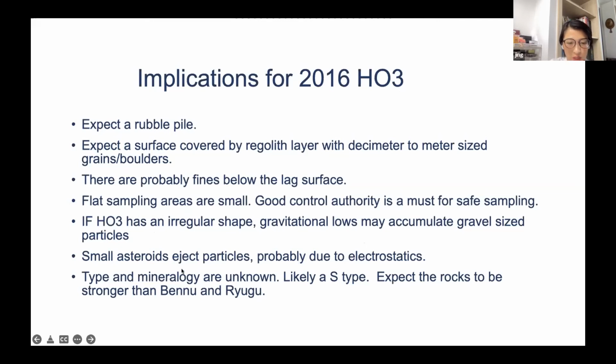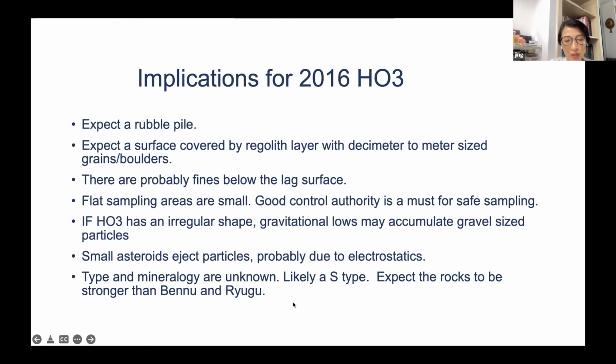Small asteroids eject particles probably due to this electrostatics effect. The type of the mineralogy is still not very sure, but it's likely S-type. So the rock should be stronger than Bennu and Ryugu.